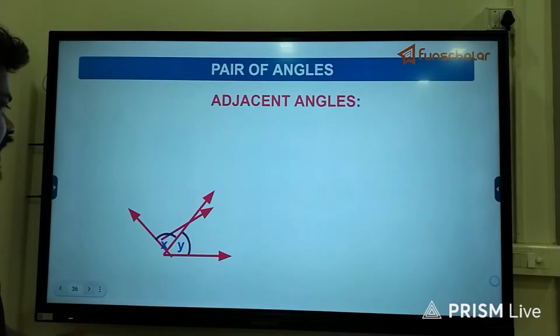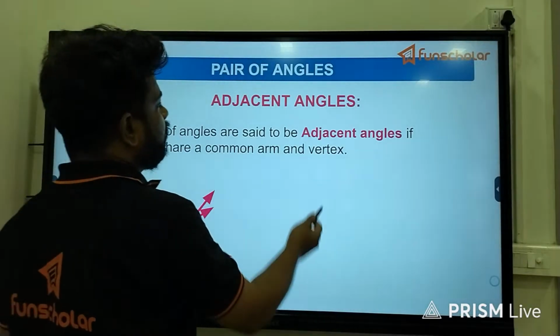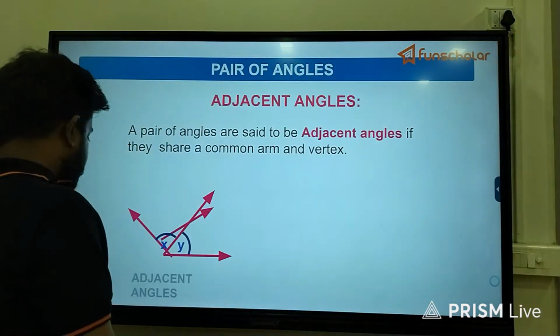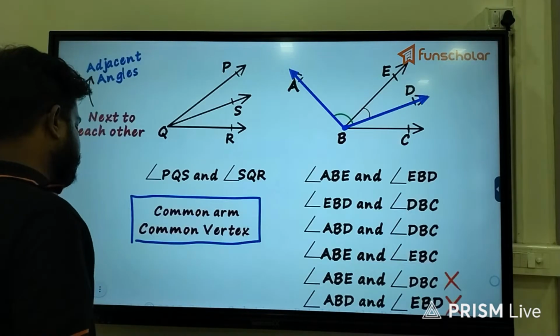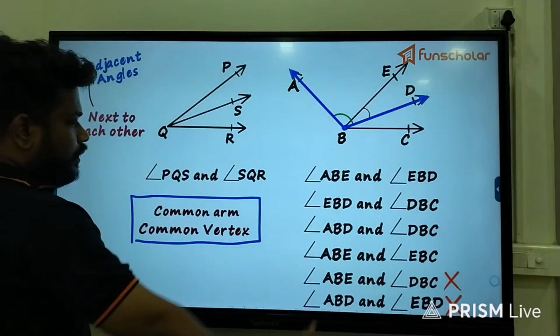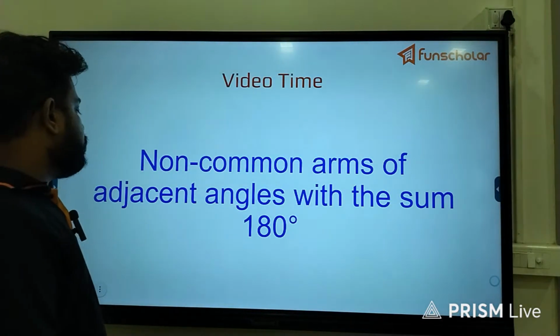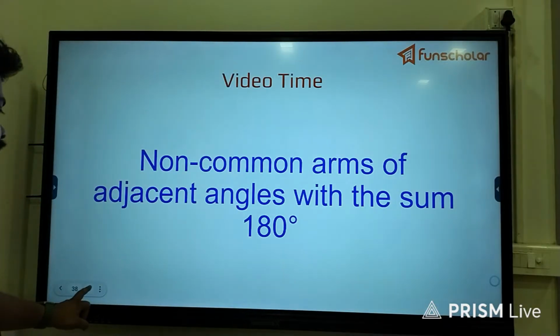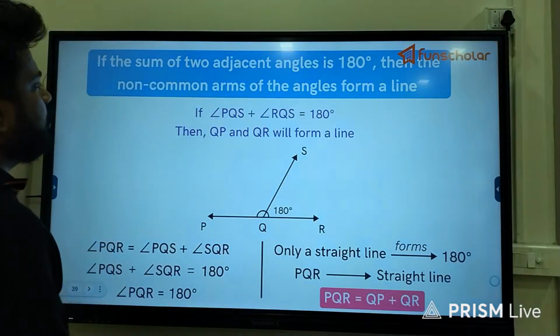So we have already discussed adjacent angles: a pair of angles are said to be adjacent if they share a common arm and vertex. Now, non-common arms of adjacent angles with the sum 180 degrees.